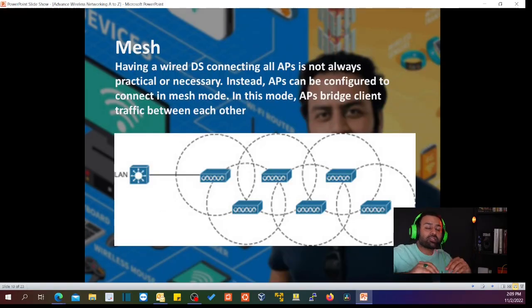Two devices communicating with one another, and this is the topology. Okay, and the last we have the mesh topology. If you look here, we have a wired DS, the distribution system. Again we have the same analogy, but the access points in our topology, access point 1, 2, 3, 4, 5, are not connected by wire.